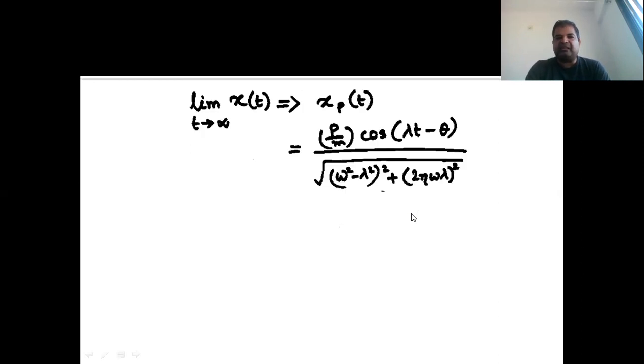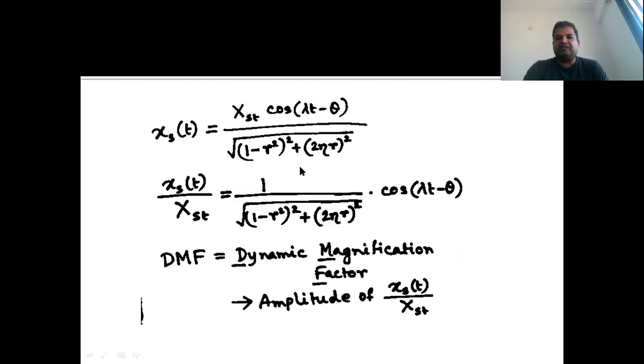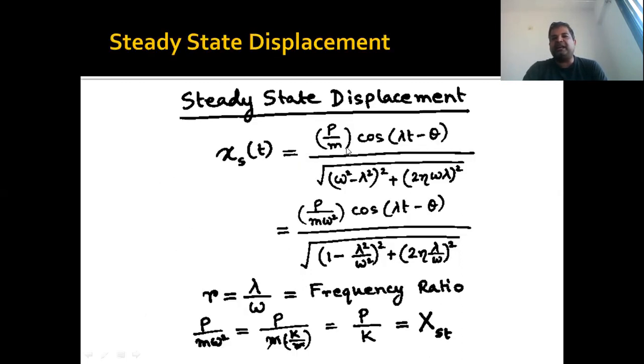So in place of x_p of t, I can write x_s of t, where s represents the steady state vibration case. It is the same equation, I am just changing the suffix. This s denotes the steady state displacement of a vibration, particularly the forced vibration, which is equivalent to your particular integral equation, which is p by m cos(lambda t minus theta) upon the square root of this.